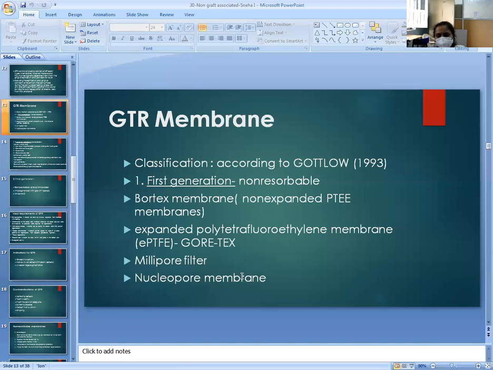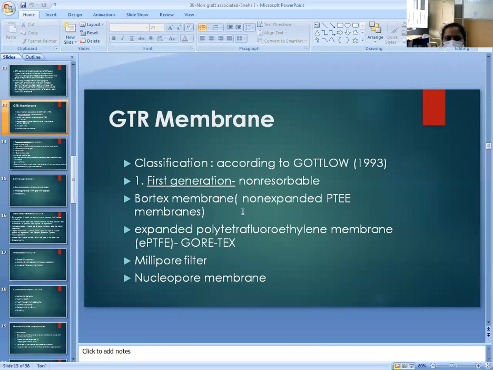So GTR membranes are of two different types, first generation and second generation. First generation membranes are non-resorbable membranes. Once you reflect the flap, after cleaning and removal of granulation tissue, the guided tissue regeneration membrane can be placed.